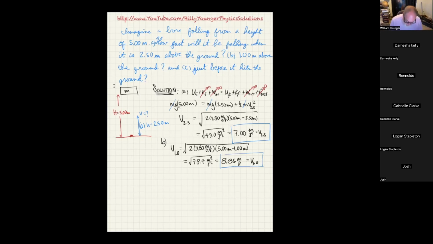And then the mystery question, which is the whole reason I asked about the 2.5, is do you think the velocity at 5 meters below, in other words, just before it hits the ground, is going to be twice as fast as it was at 2.5? Anyone?